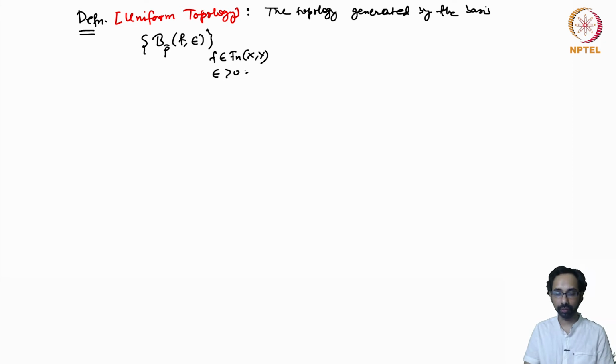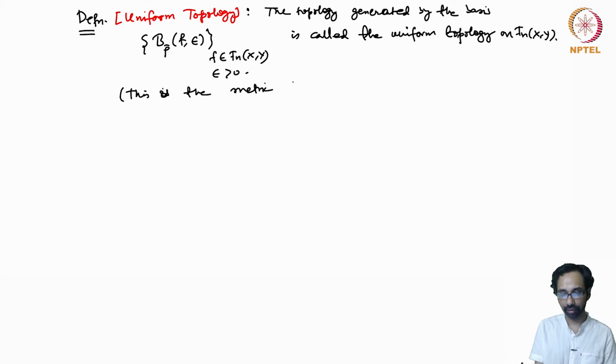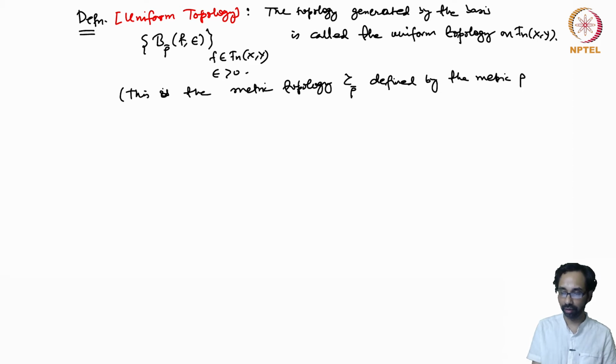So this is a collection of basis elements, and the topology generated by these basis elements, the epsilon open metric balls with the metric function rho bar and arbitrary center and arbitrary epsilon, is called the uniform topology on Fn(X,Y). And this is nothing but the metric topology, which we can denote as tau rho bar, defined by the metric rho bar.